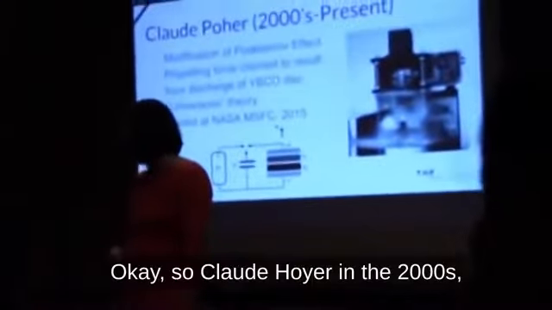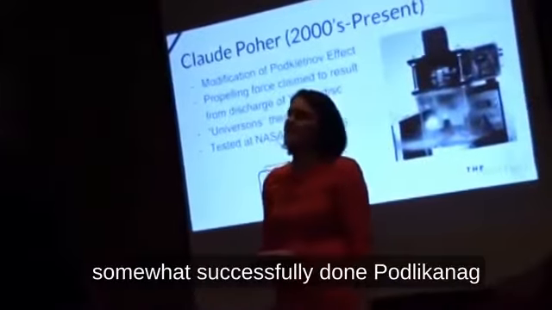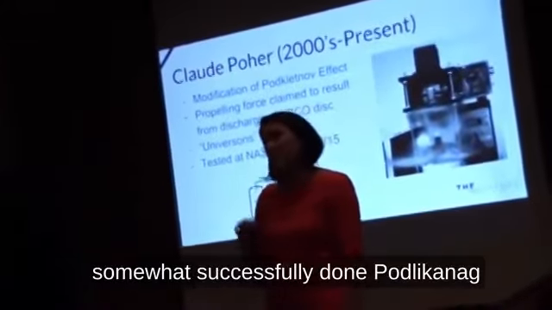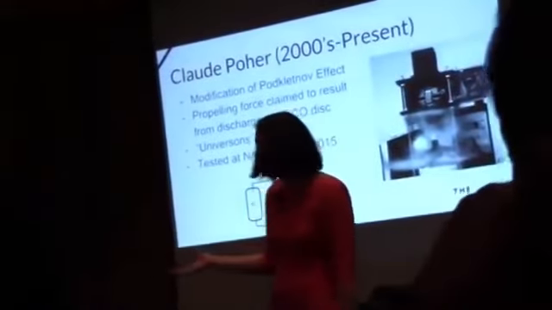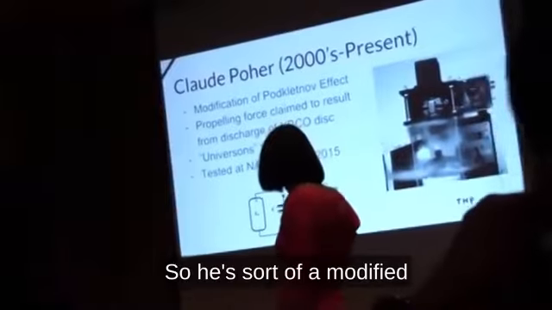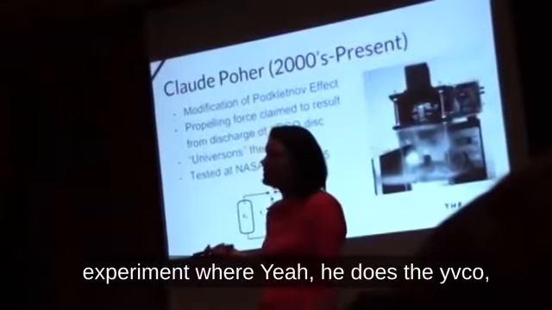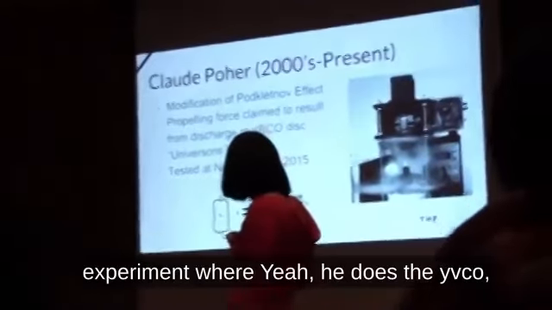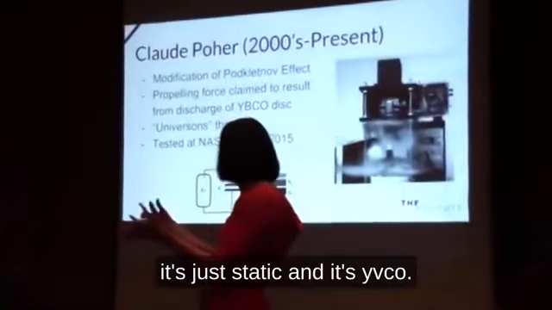Okay, so Claude Boyer in the 2000s is kind of the only lab that has somewhat successfully done Podletkinov-like work and actually published. He has a modified Podletkinov experiment using YBCO. I think his doesn't rotate; it's just static YBCO.